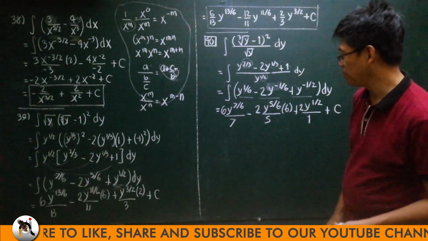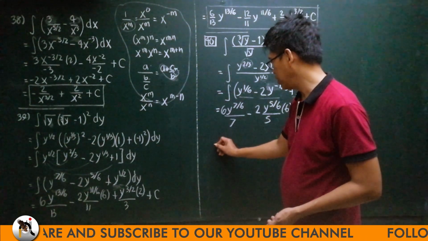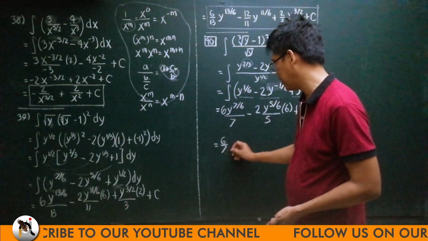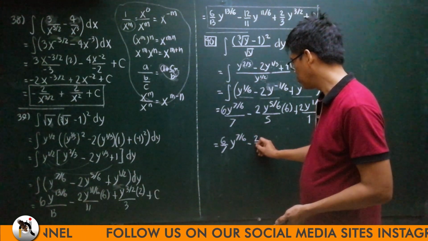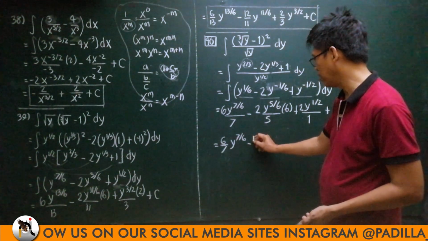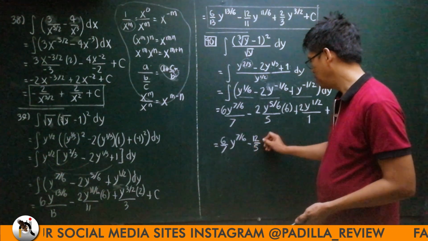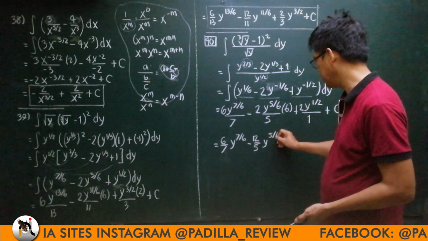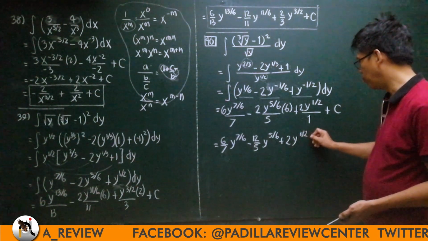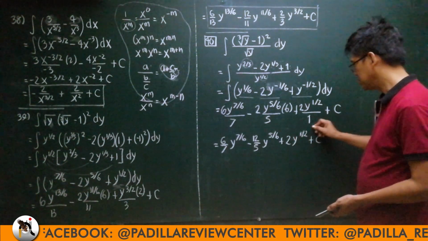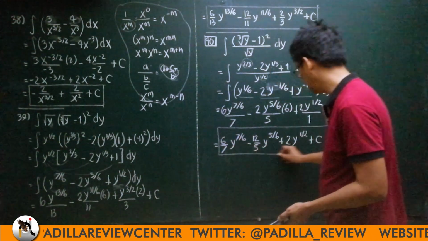We just simplify. So this is going to be 6 over 7 y to the 7/6, minus 2 times 6, 12 over 5 y to the 5/6, plus 2 y to the 1/2 plus c. So this will be your integral.